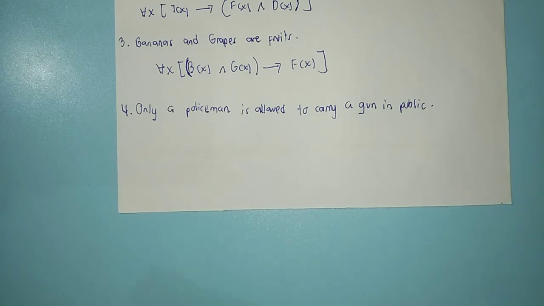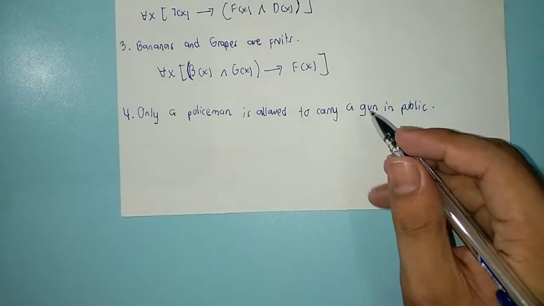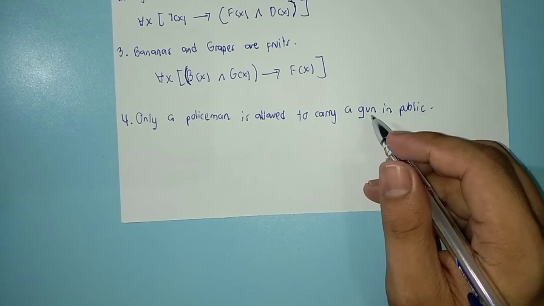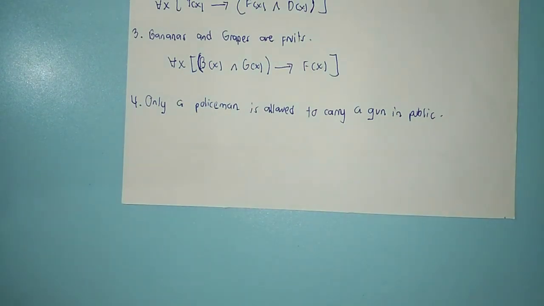So we can let x be police. So that is P of x. A person is a policeman and a person is carrying a gun. Okay? So let's say that is G of x. So P of x, G of x is what we will use. So how do we symbolize it?